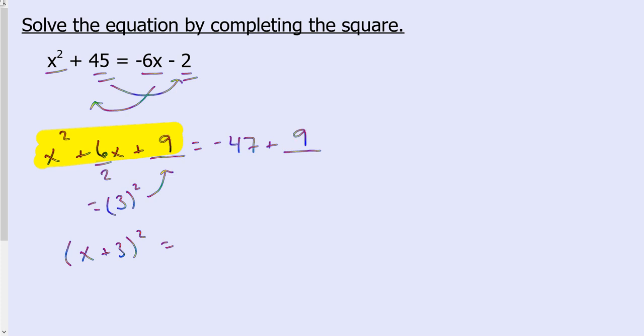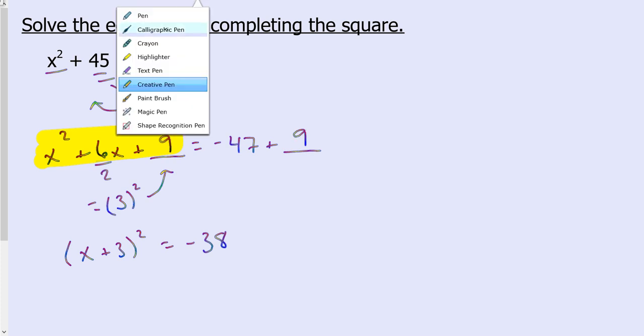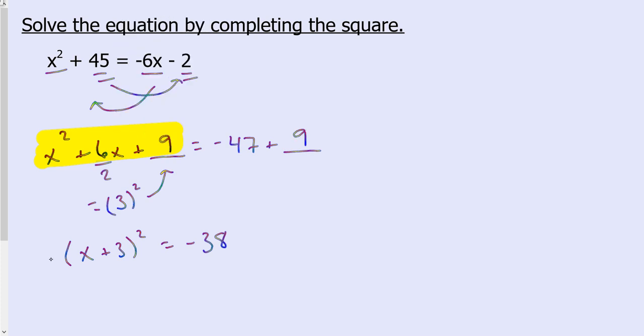So what is negative 47 plus 9? Well, that's going to give us a nice, pretty negative 38. I say nice, pretty, but that's anything but pretty. That's heinous. That negative 38 there is almost a guarantee that I'm going to have, you guessed it, imaginary.